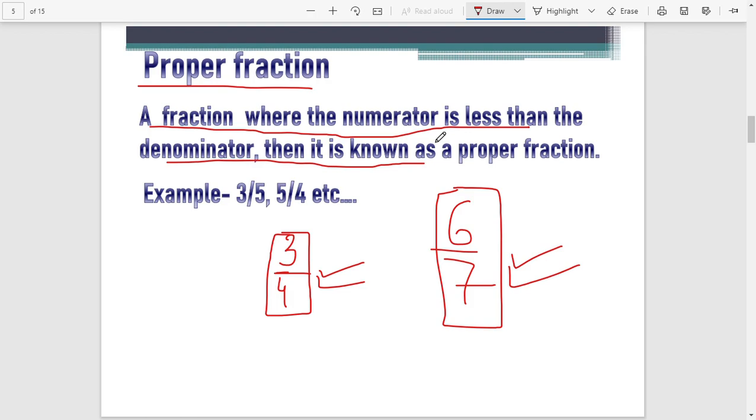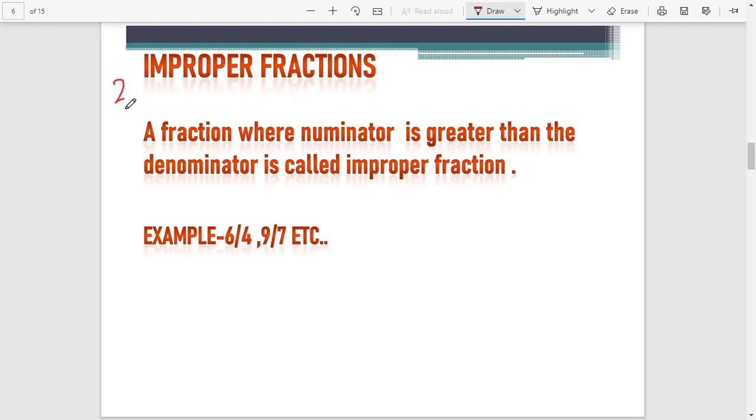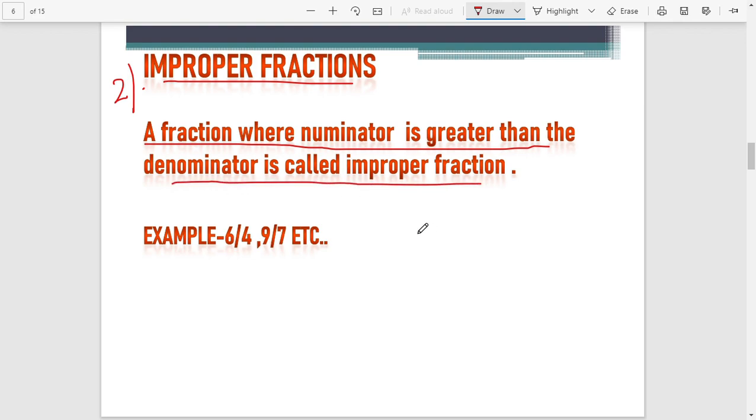Now let's move to the second type of fraction, which is the improper fraction. What is an improper fraction? A fraction where the numerator is greater than the denominator is called an improper fraction. Take the example 6 upon 5.